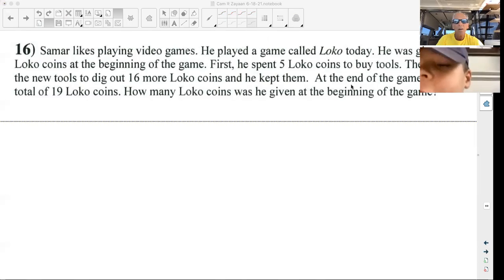That one's really tricky. It is. So I'm going to write it down.